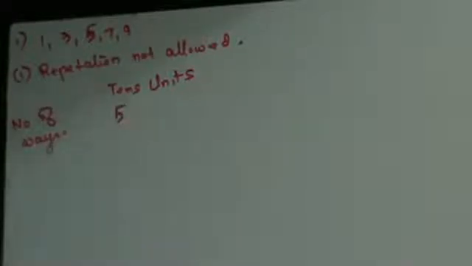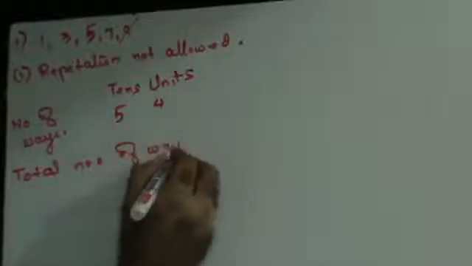I can fill the tens place with 1, 3, 5, 7 or 9, so I have 5 alternatives. If repetition of digits is not allowed and I have already used one, how many alternatives do I have for filling the units place? 4 alternatives. So the total number of ways is 5 into 4, that is 20.